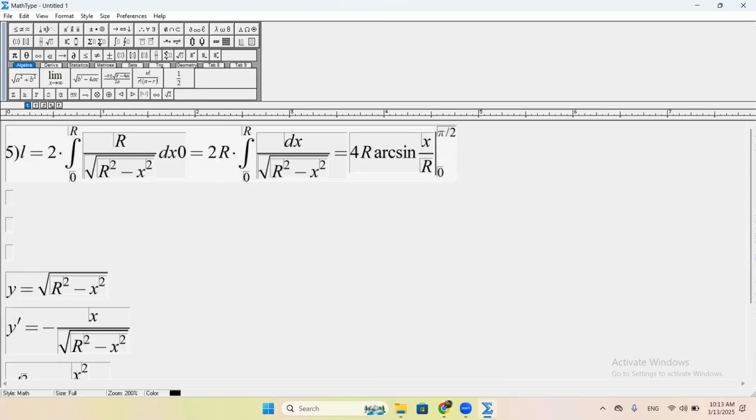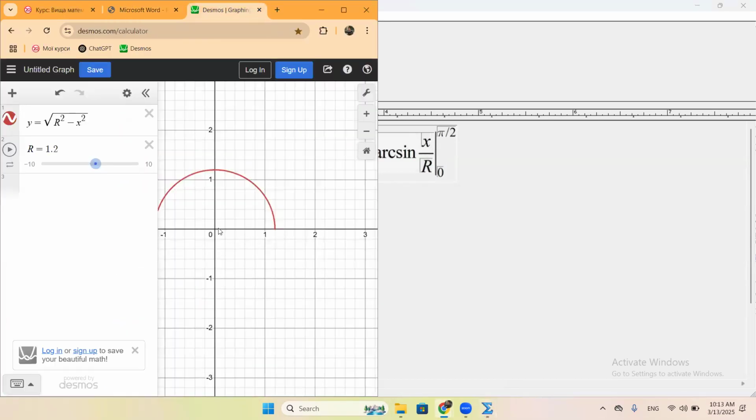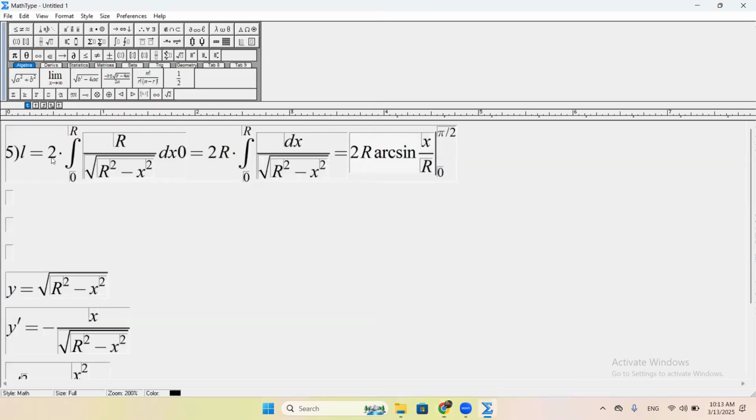It's not a parametric graph but explicit, so x will go from 0 to r. So leaving 4 here, from 0 to r, that's okay. Actually, for the parametric equation of the circle, it would be easier to calculate the length, because it's just a more convenient form.